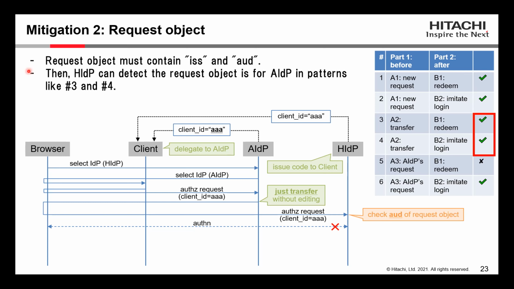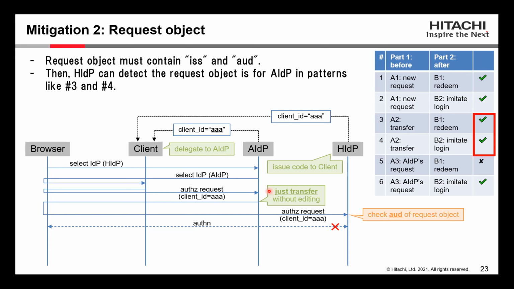This mitigation 2 is effective for patterns 3 and 4. In patterns 3 and 4, AIDP just transfers the client's authorization request as it is. So if HIDP performs only signature checks, HIDP cannot detect the attack because the request object is signed by the client.